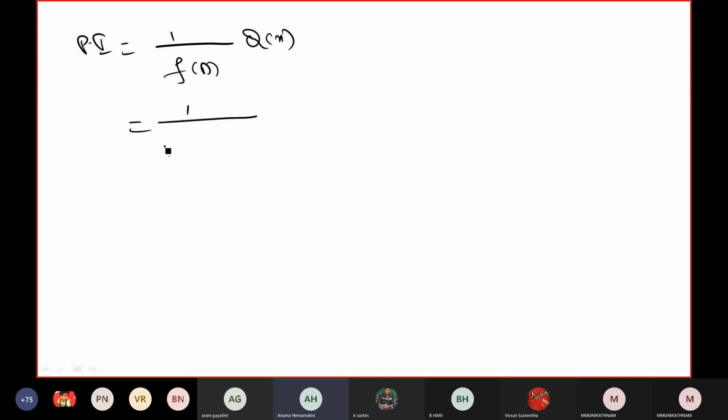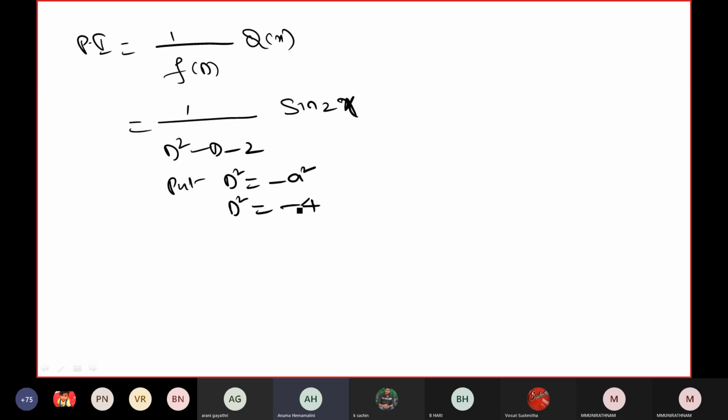One by d square minus d minus 2 sin 2x. Sin 2x, right? What is sin 2x? Put d square equal to minus a square, where a square is here minus 4. So keep in mind that this is not minus a whole square.